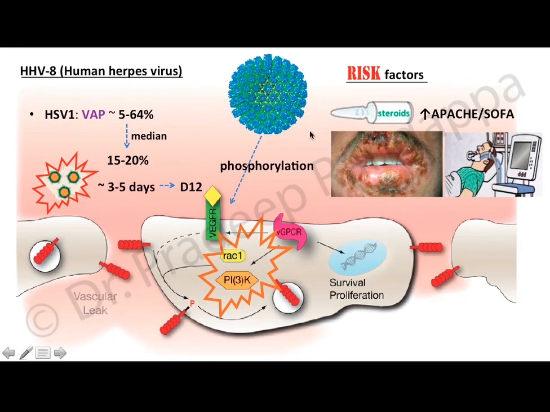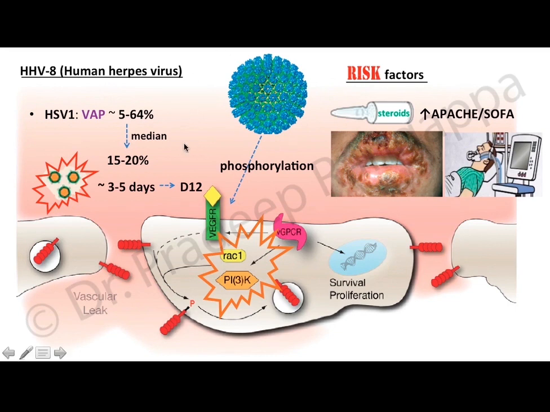The risk factors for herpes simplex virus 1 ventilator associated pneumonia are any patient who is on long-term steroids, or a very sick patient, or any patient in ICU with herpes labialis or long-term ventilation. These constitute the risk factors where it can cause activation of dormant herpes simplex virus 1, which can eventually lead to ventilator associated pneumonia.